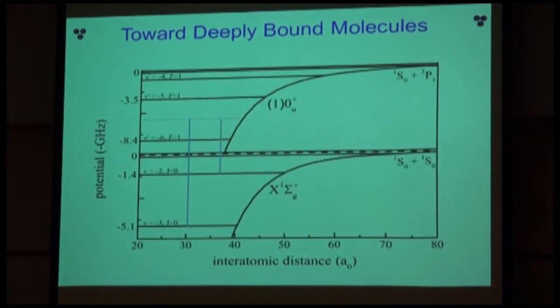So again, this is a schematic of such an experiment, just 2 photons with some common detuning from these levels. We can go to hopefully many different possible levels in the ground state. So we start off, of course, with weakly bound molecules, because that's where they're produced. But no reason why we can't, with one step, go to much more deeply bound dimers.